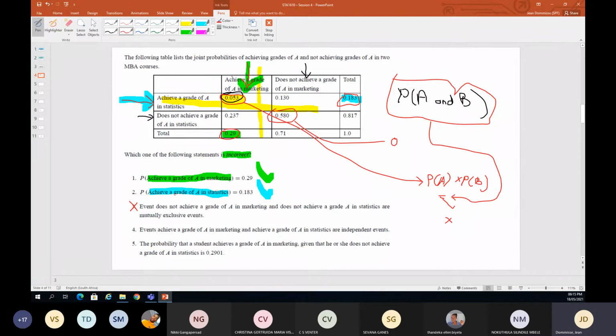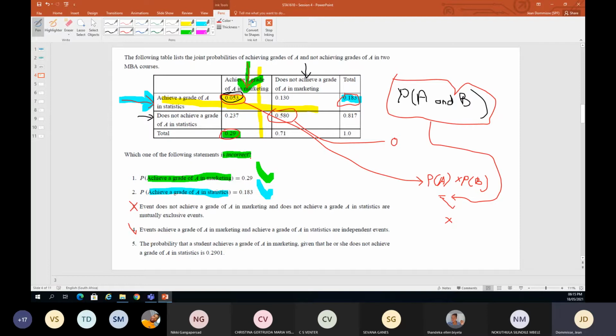So when the probability of A, which is 0.29, times the probability of B, 0.183, is equal to the probability of A and B, so if that is equal to 0.053, we know it is independent. Okay, and I just worked out that sum, and it is actually 0.053. So it is independent.